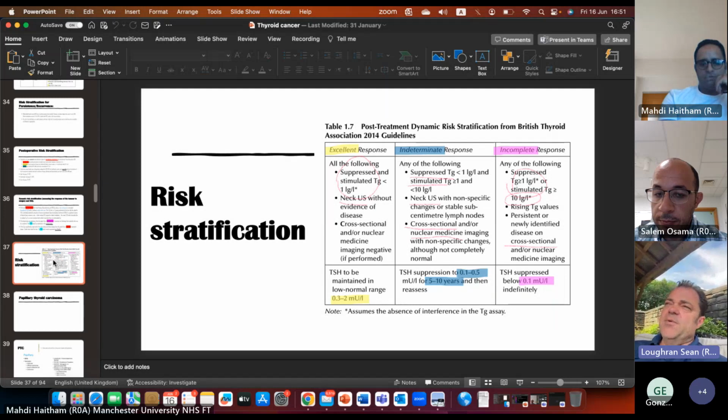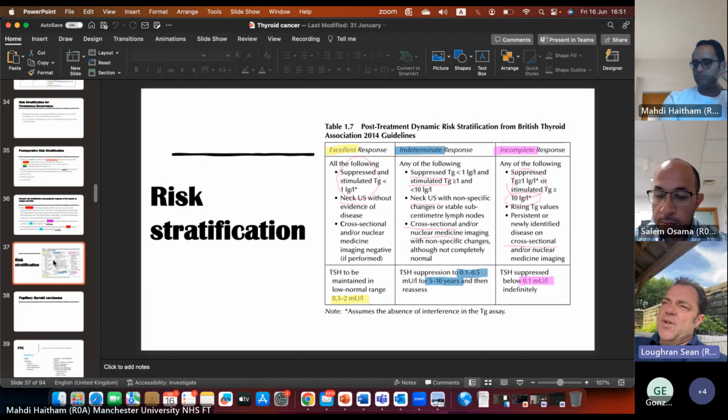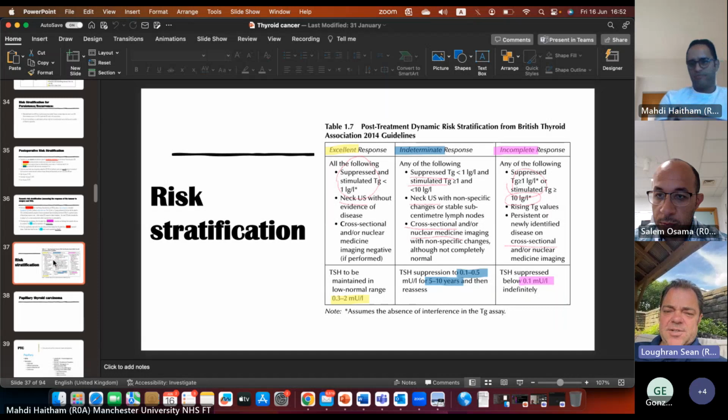If the thyroglobulin levels are unrecordable without antibodies, they will classify them into a low-risk group. Those patients will then be referred back to us, and the oncologists are very good. They will give us a TSH level that we are looking to maintain them at. A number of patients, however, are classified as high-risk patients, and they've usually still got a little bit of thyroglobulin or had quite extensive disease at presentation.